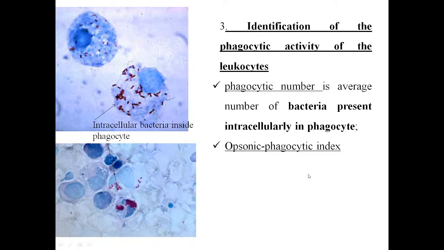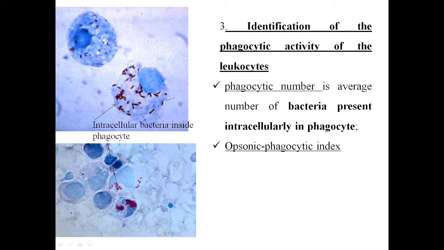The third test used in first stage tests is identification of phagocytic activity of leukocytes. You remember we have talked about the phagocytic number and the opsonic phagocytic index. The phagocytic number is the average number of bacteria present intracellularly in a phagocyte, or ingested per one phagocyte.